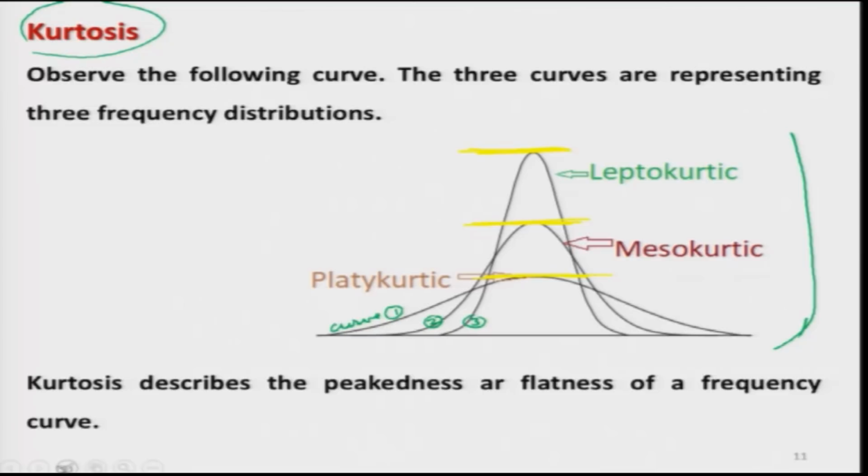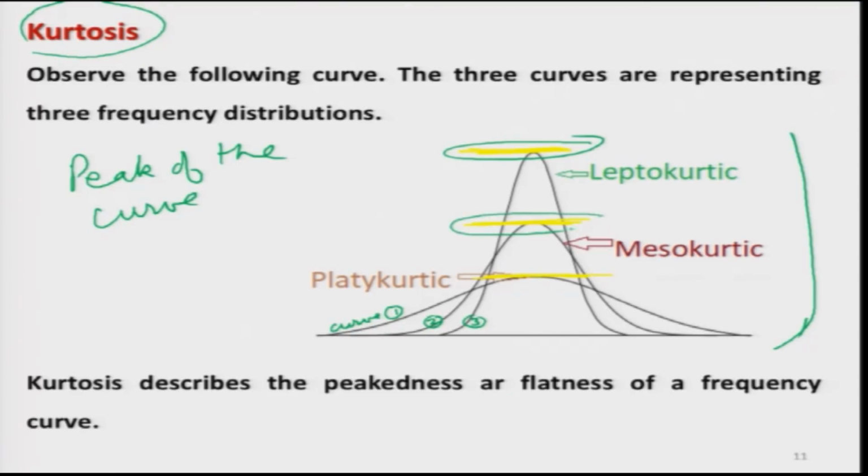And by looking at these 3 curves, can we really say what is the feature related to the peak of the curve? The peak of curve 3 is the highest, followed by the peak of curve number 2 and followed by the peak of curve number 1.